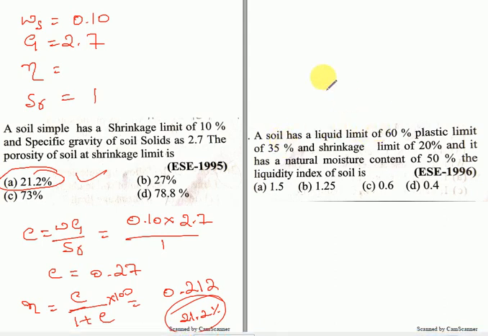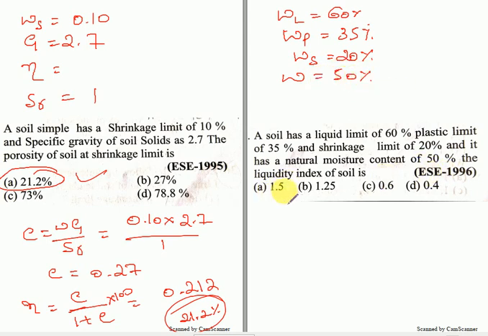A soil has a liquid limit WL of 60 percent, a plastic limit WP equal to 35 percent, a shrinkage limit of 20 percent, and a natural moisture content equal to 50 percent. The liquidity index of the soil is given by IL equal to W minus WP divided by IP.